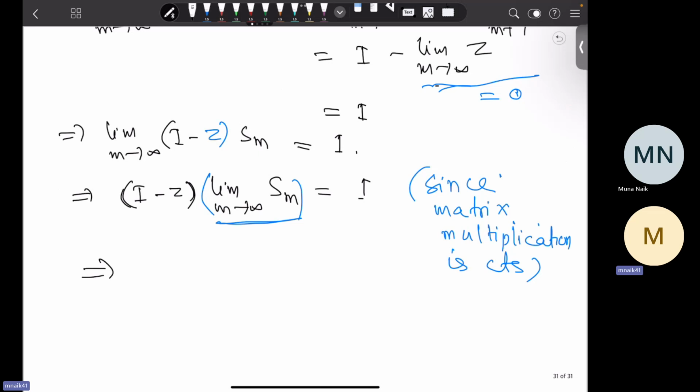So this will imply that I minus z times the limit as m tends to infinity of S_m is equal to I.